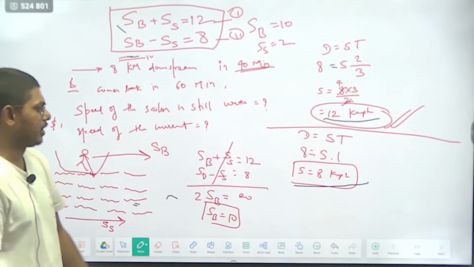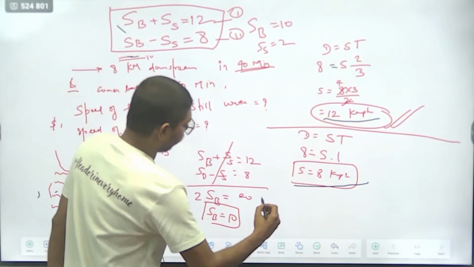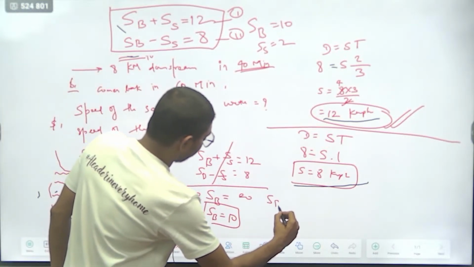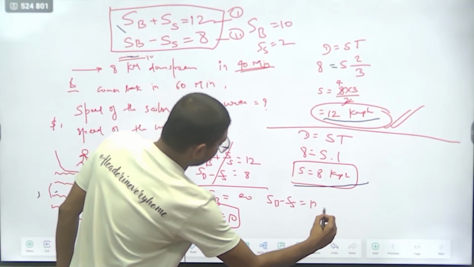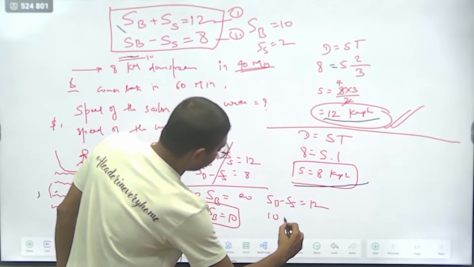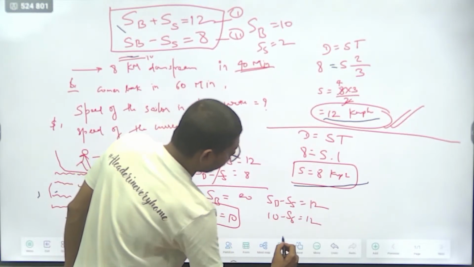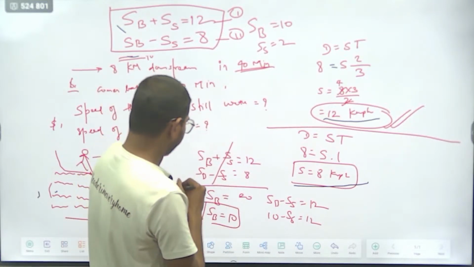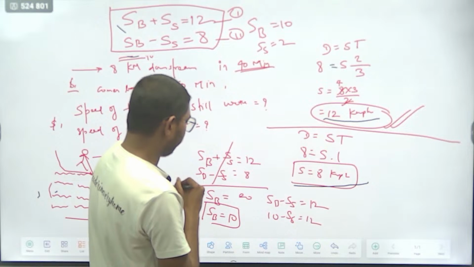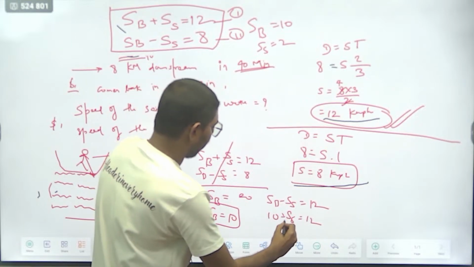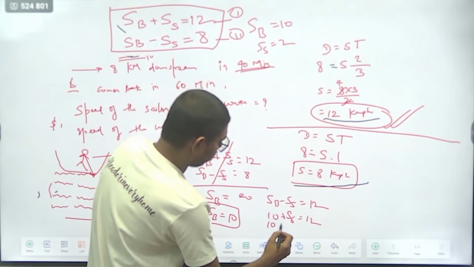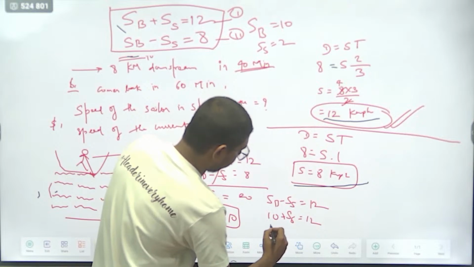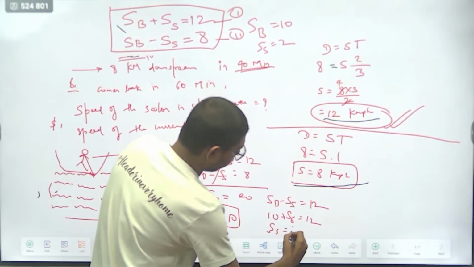Or if you want me to put it, SB minus speed of the stream is 12, SB is 10, plus speed of the stream is 12. Speed of the stream is equal to 2.